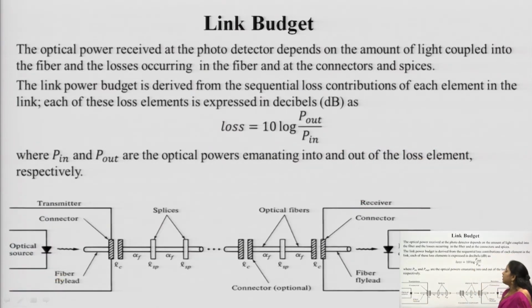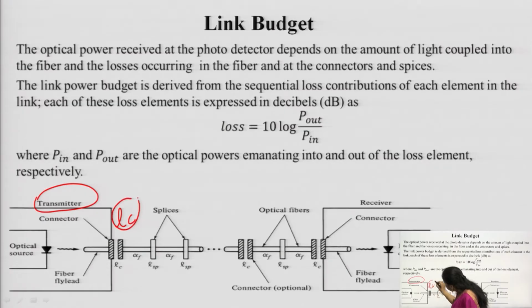So, P in and P out are the optical power going into and out of the loss element respectively. This is one of the point-to-point links for calculating the link budget. Here is a source, the transmitter section, there is one connector, let it contribute the loss LC.